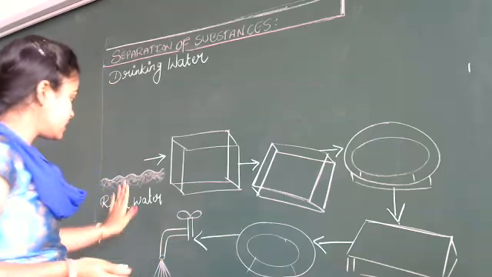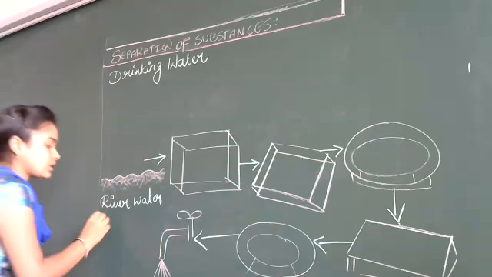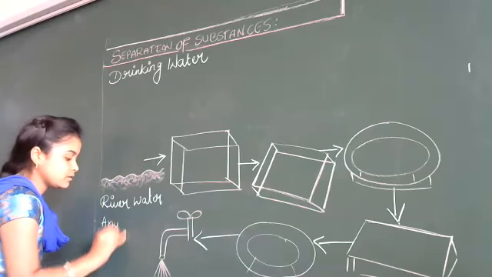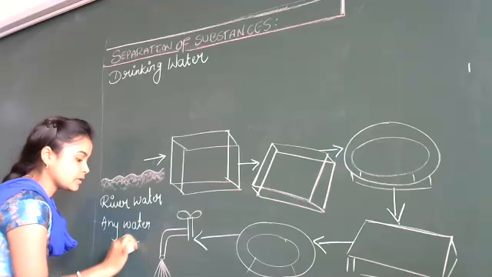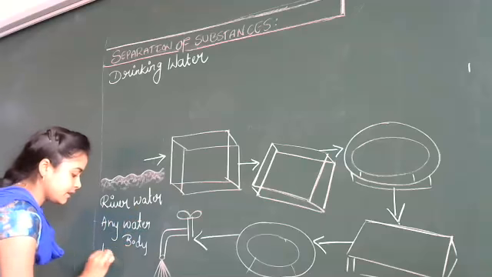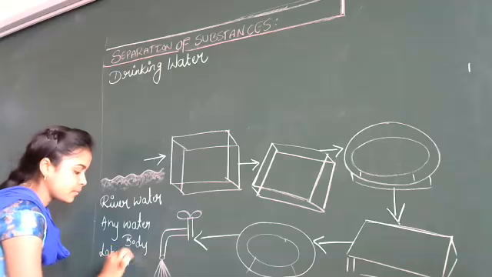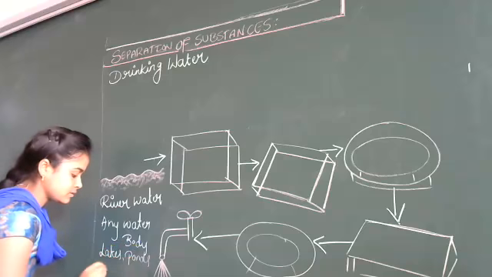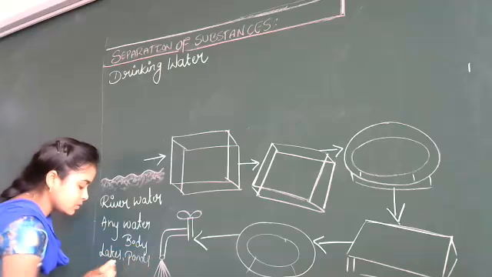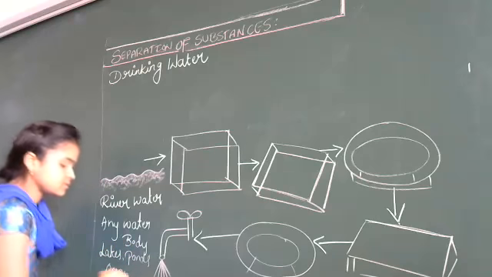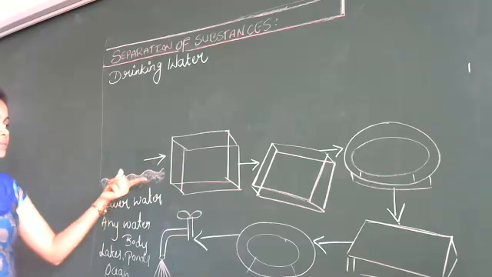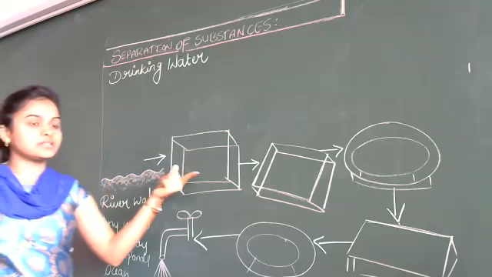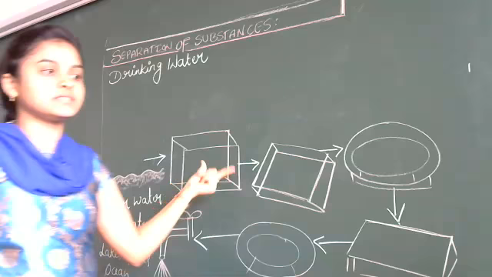First is the river water, or water from any water body such as lakes, ponds, then ocean. So these are big water bodies. From there, this water is taken into the next tank.